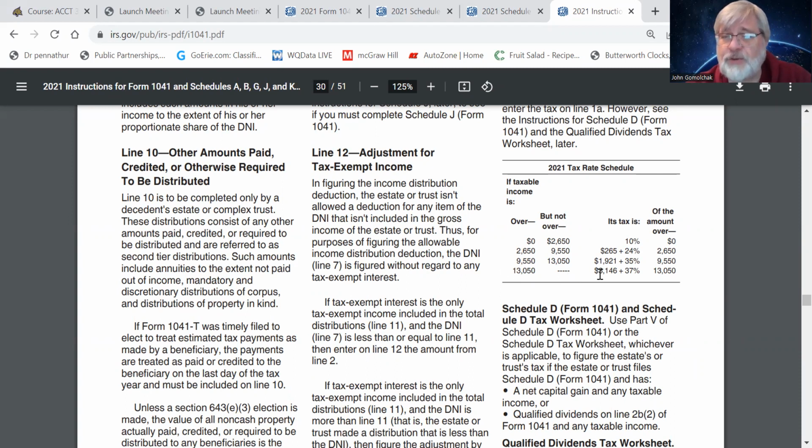So it's going to be 3,146 plus 37% of everything over the 13,050.